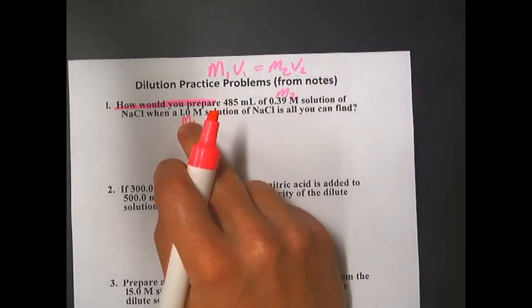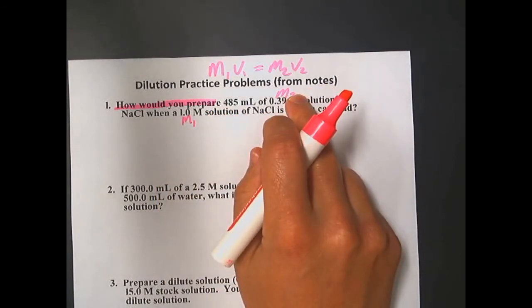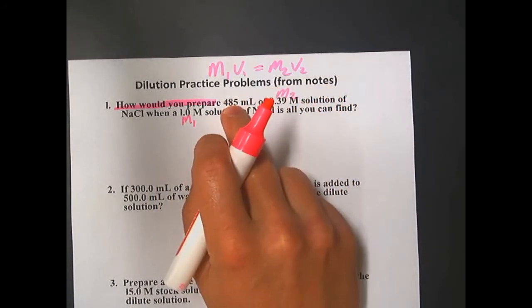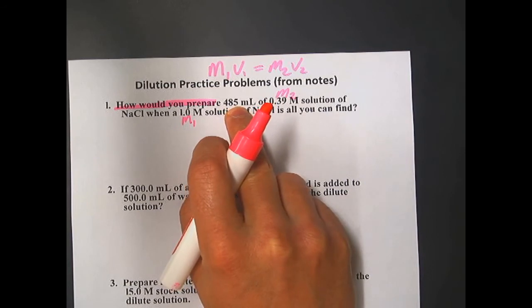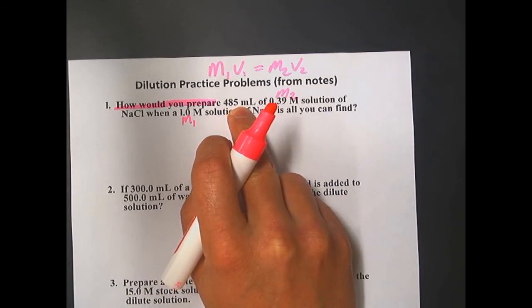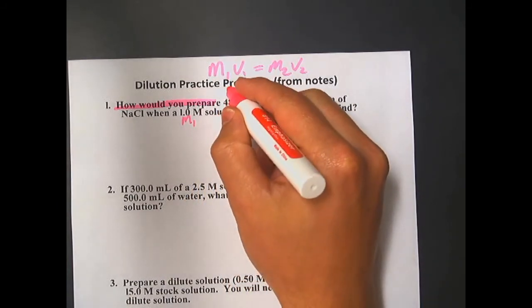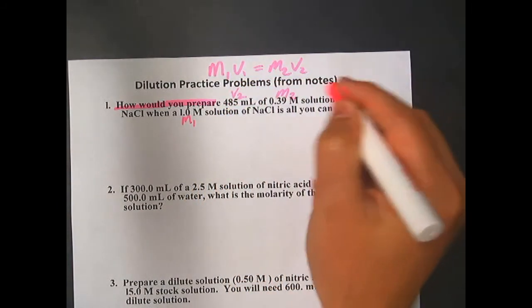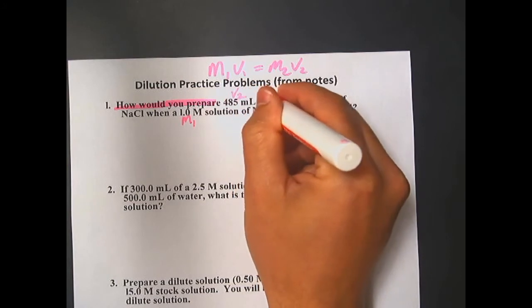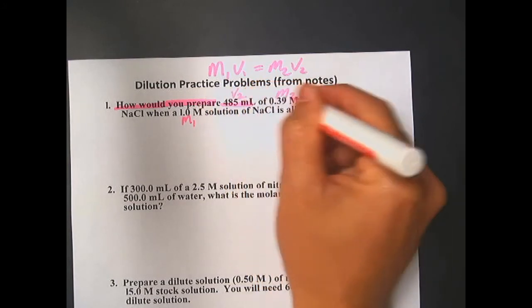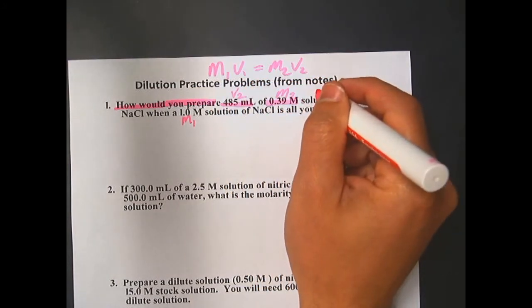So this is my initial molarity. This is my final molarity. So which volume is this? Is this V1 or V2? This is V2. It's the volume that's associated with this molarity.